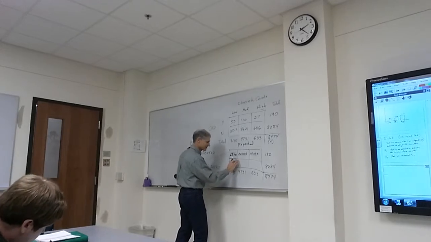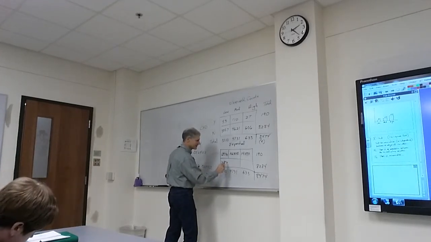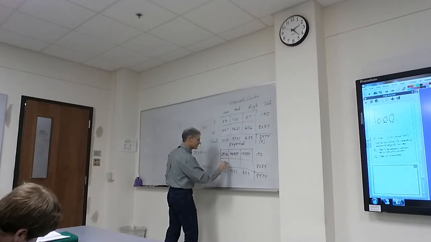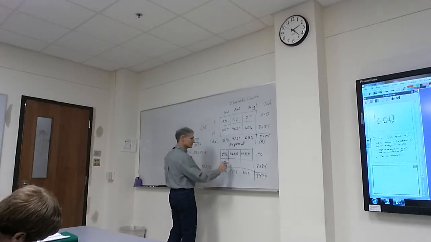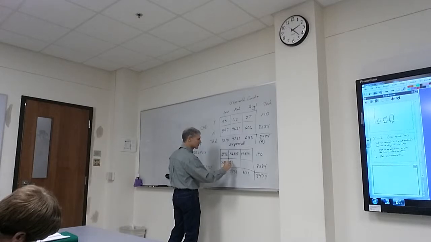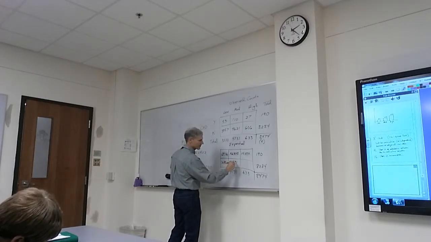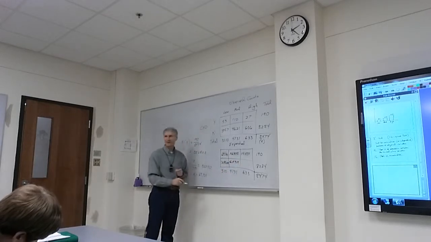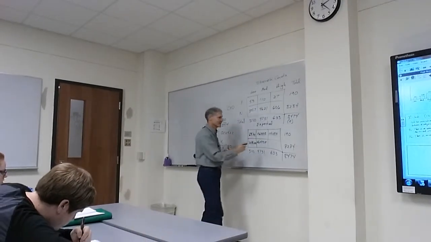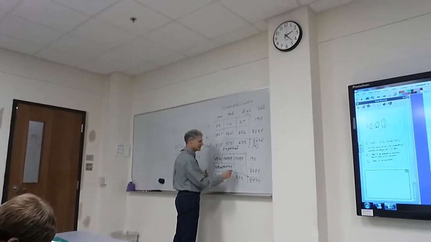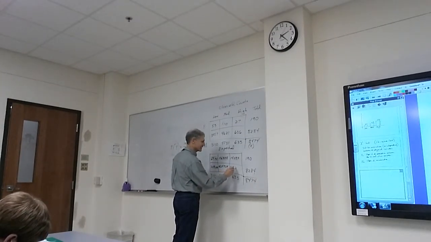Give me 2 more places. 269. And 4624.92. 4624 point what? 924. I'm keeping 3 decimals on each of these. And then this one? 618.807.